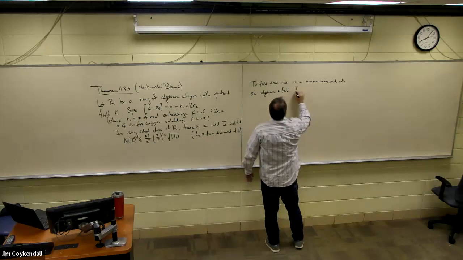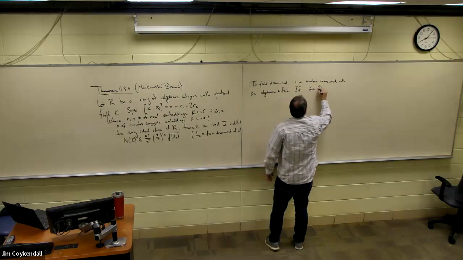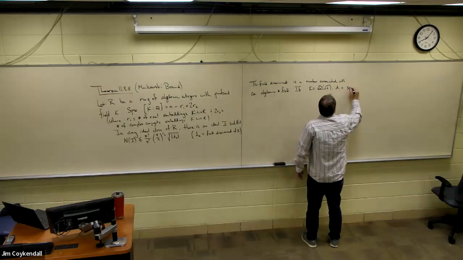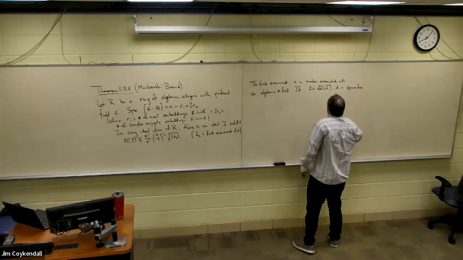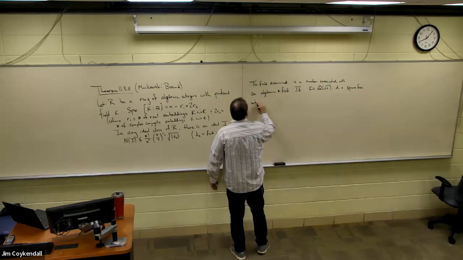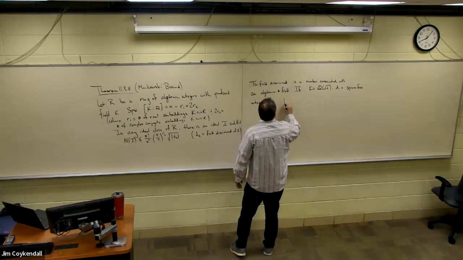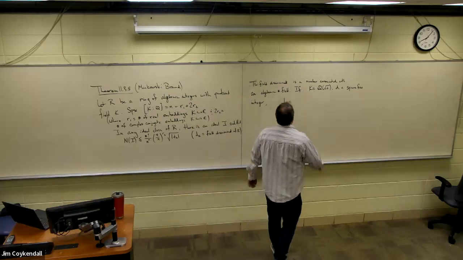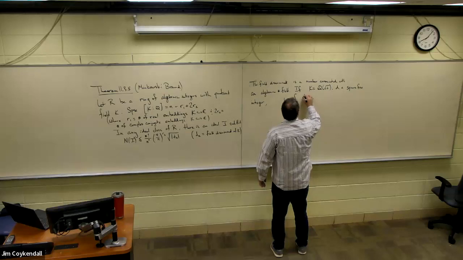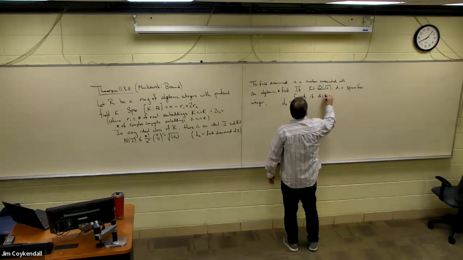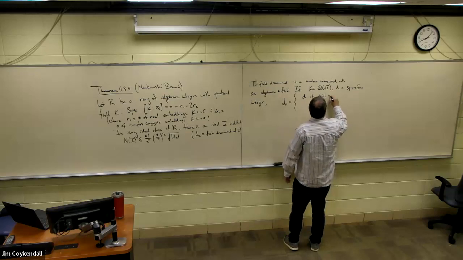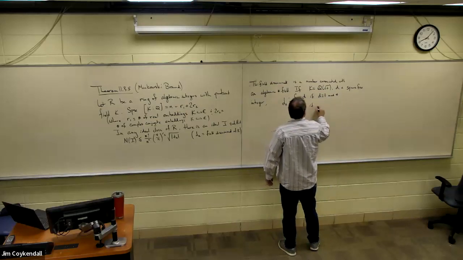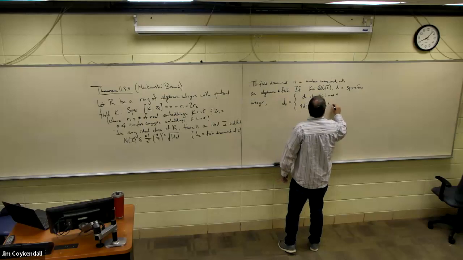In the case of a quadratic field, Q adjoined with the square root of D, the discriminant is D if D is equivalent to 1 mod 4, and 4D if D is equivalent to 2 or 3 mod 4.